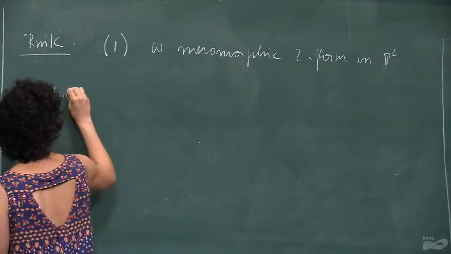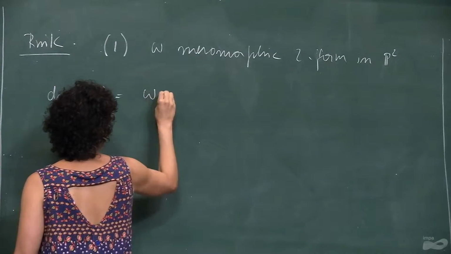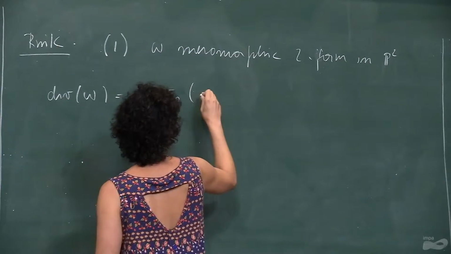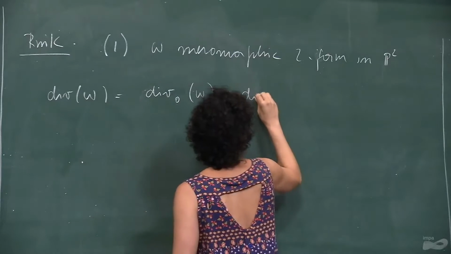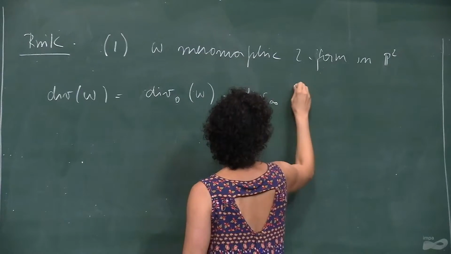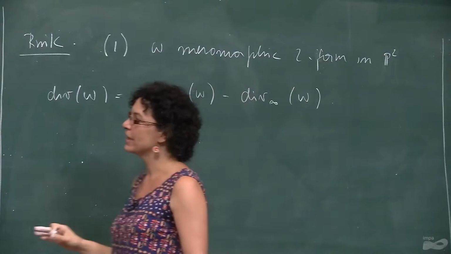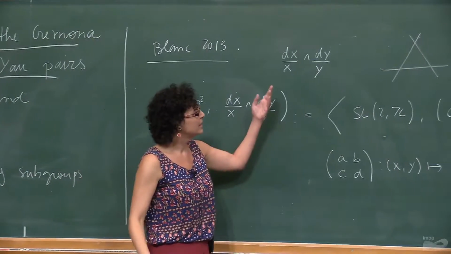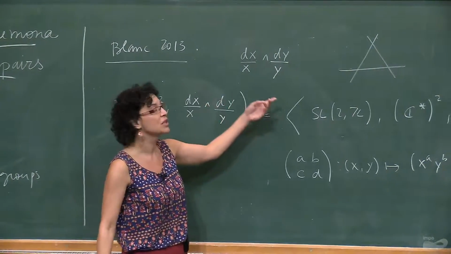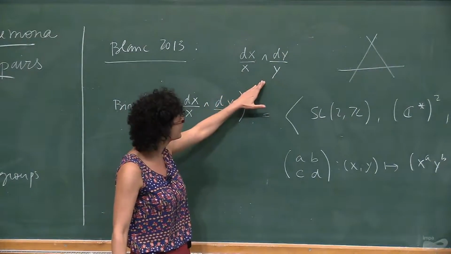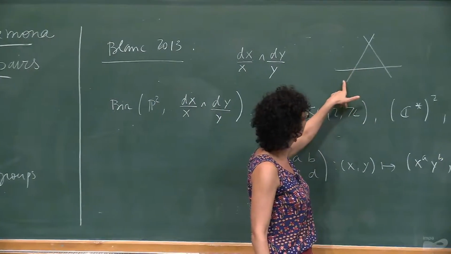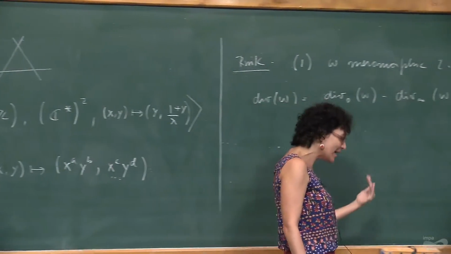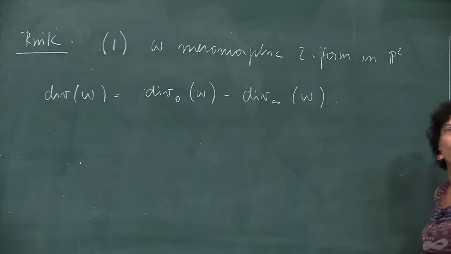So this divisor is just the divisor of zeros minus the divisor of poles. So for instance, if I take the form considered by Blanc, it has no zeros, and it has exactly simple poles along these 3 coordinate lines. So the divisor would be just minus the sum of these 3 lines.